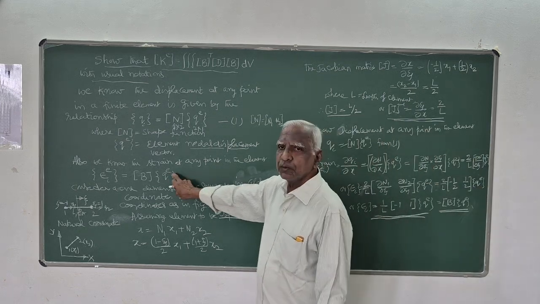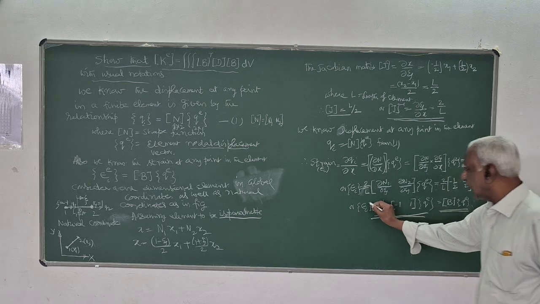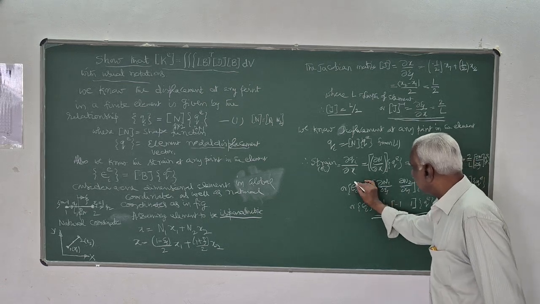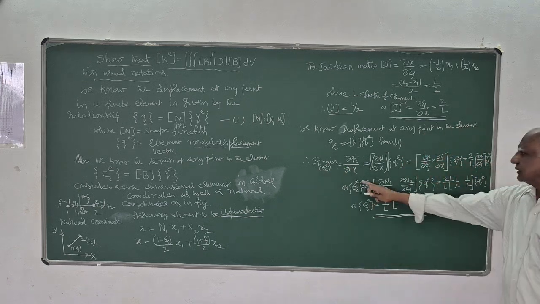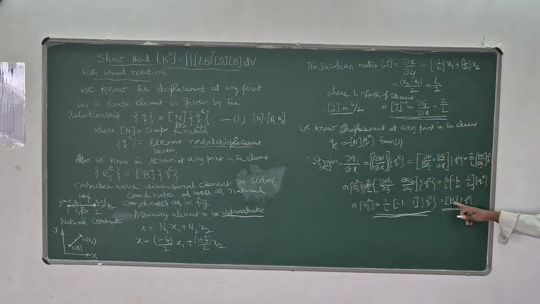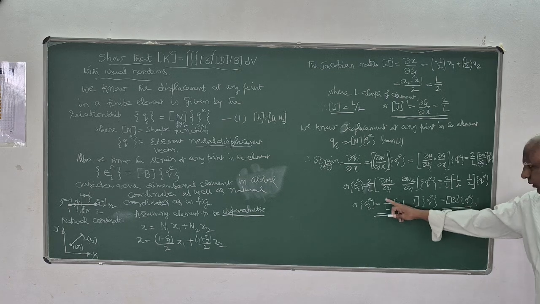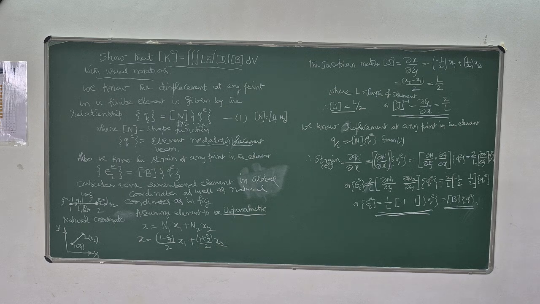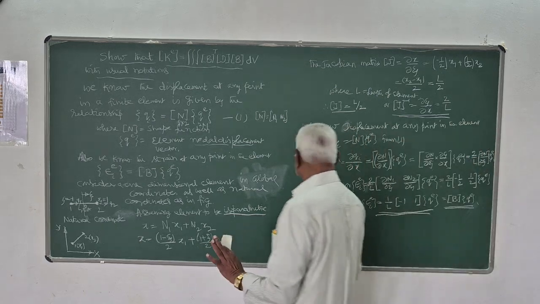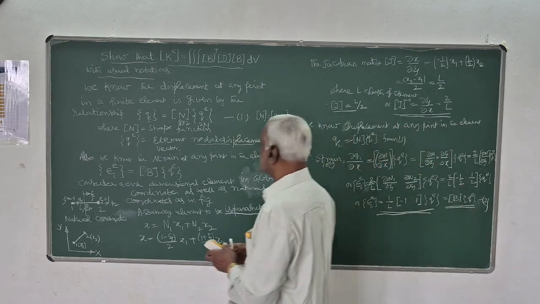Epsilon I of this element is given by B into QE, where B is 1 by L into minus 1, 1. After knowing this much, this you call the relationship 2.